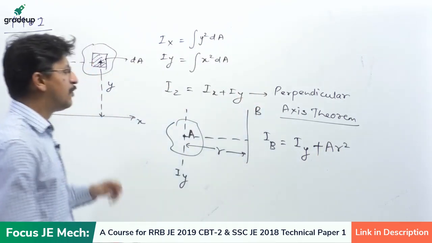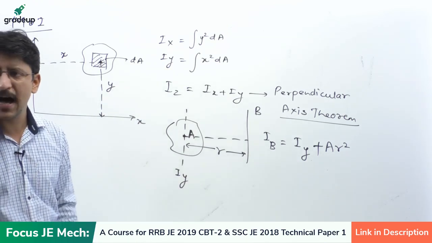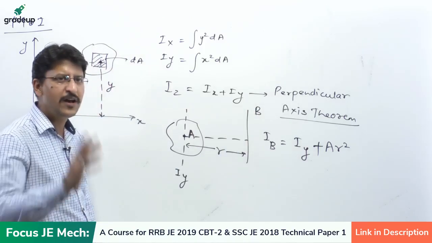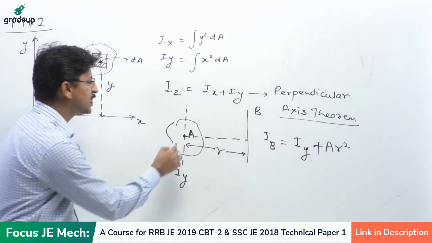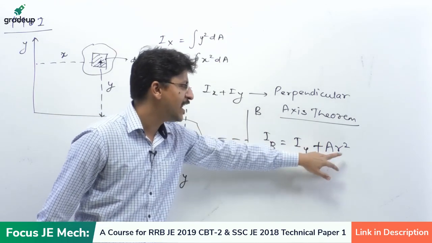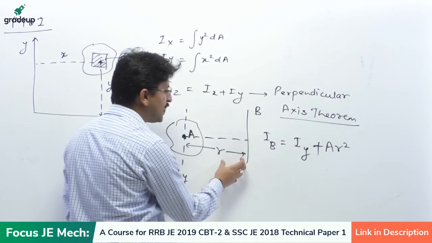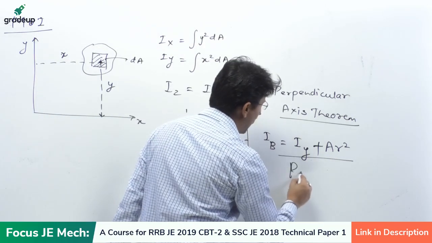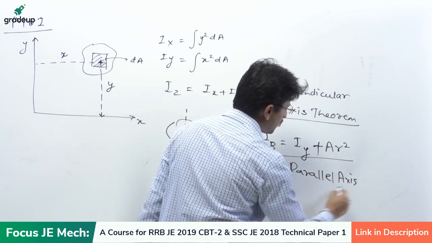The moment of inertia of any body about any arbitrary axis will be equal to the moment of inertia about a parallel axis passing through the center of that body, that is IY, plus A times R square, where A means the area and R square means the square of the distance between these two axes. This is nothing but your parallel axis theorem. Clear?